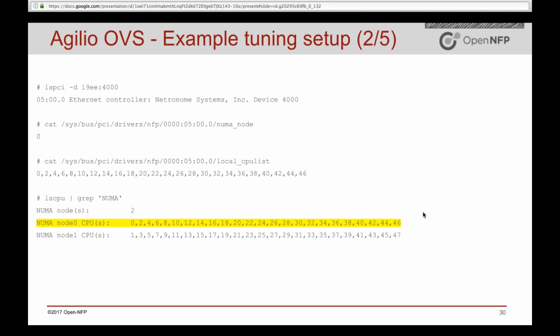So in this example, the card was installed on NUMA node 0, and the CPUs highlighted in yellow are the local CPUs for NUMA node 0, and it's all of the even numbers. It goes from 0, 2, 4 and all the way up to 46.